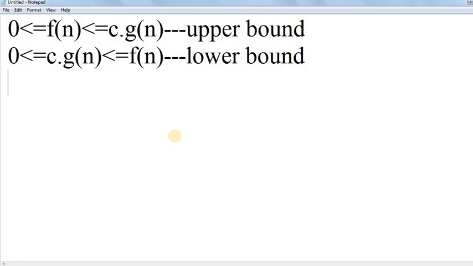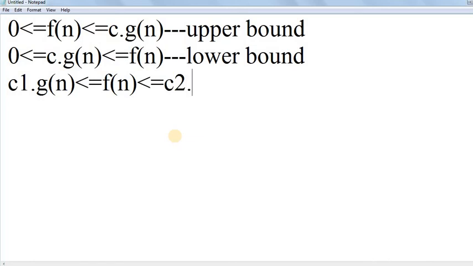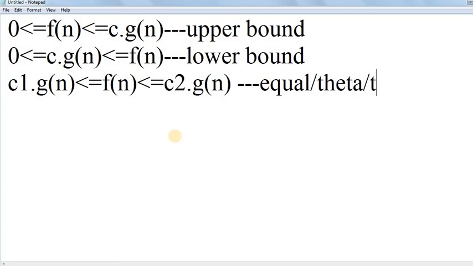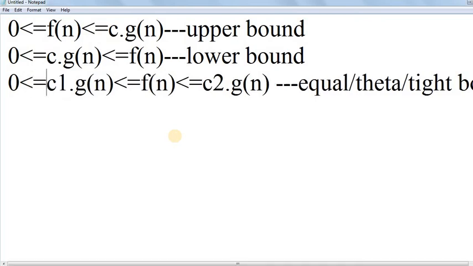And if I say C1 g of n less than or equal to f of n, which is less than or equal to C2 g of n, this will be theta, the tightest possible bound. Remember here it is 0 less than or equal to. Okay. Now the things are clear.